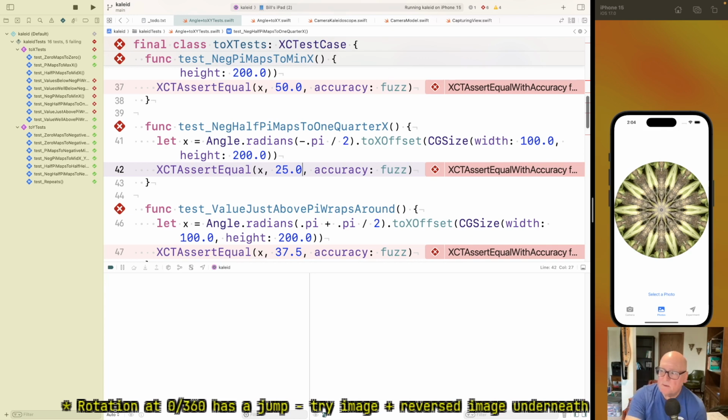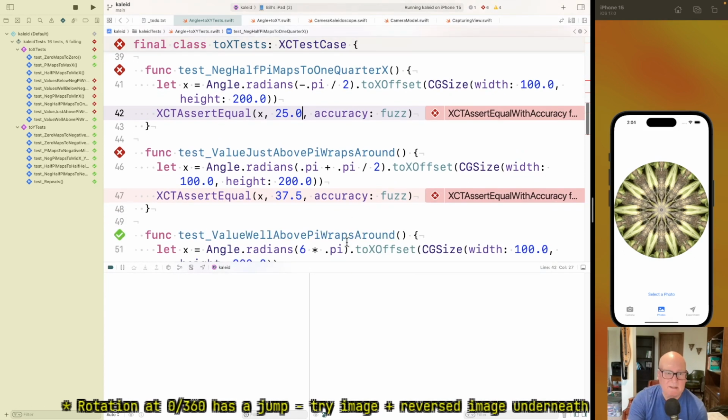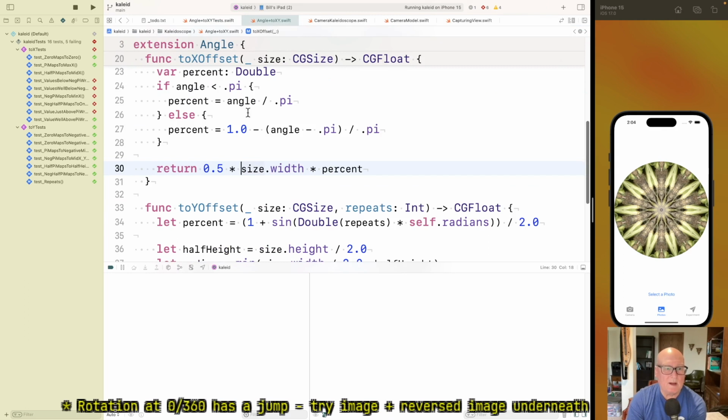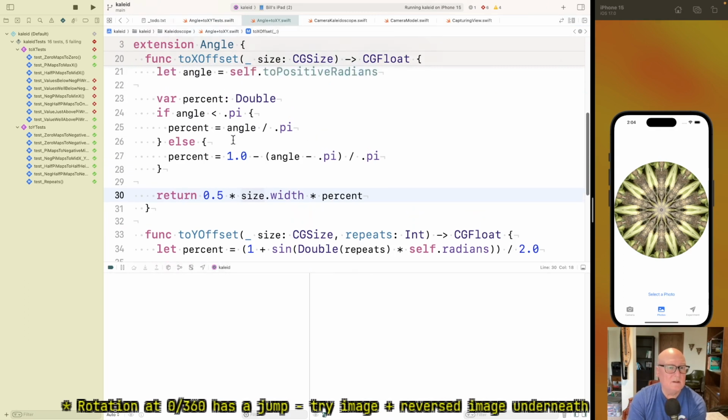Oh, that's true. There probably is. We could probably get that shape and pass it in. All right, value just above pi wraps around. Well, this is interesting to us. So pi plus pi over 2, okay, is bigger than pi. So pi, 3 halves pi, 3 pi over 2. Angle is greater than pi because it's pi plus pi over 2.